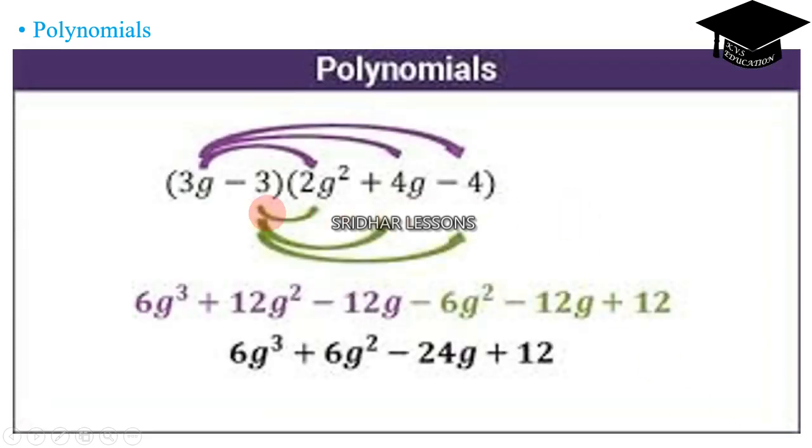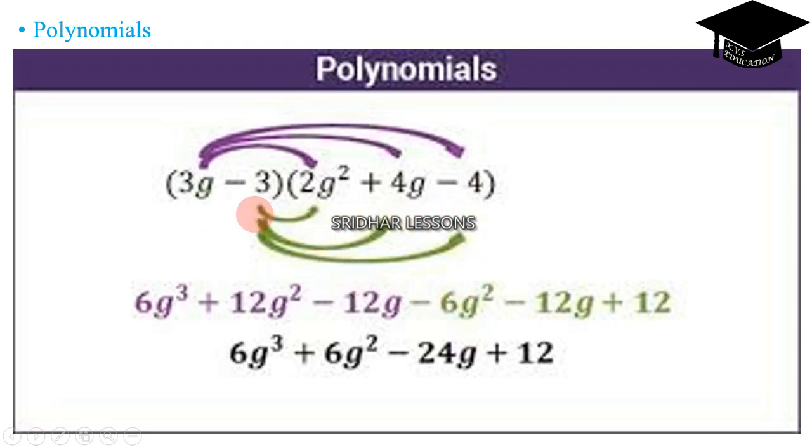Polynomials. These are polynomials because they have more than 3 terms. If you observe, 3g minus 3 into 2g square plus 4g minus 4. What do we have to do? We have to multiply the first term of this one with all these terms. 3g into 2g square plus 3g into 4g minus 3g into minus 4.